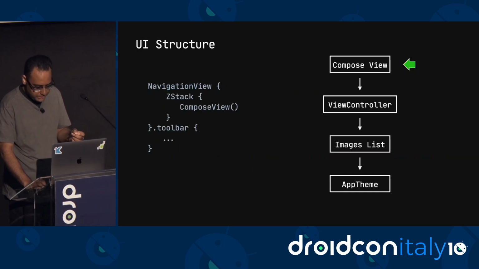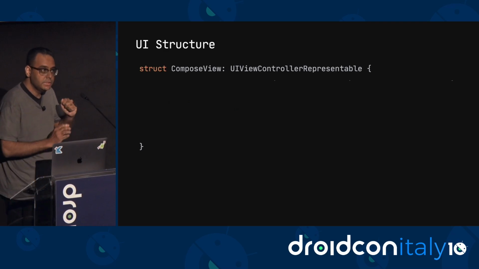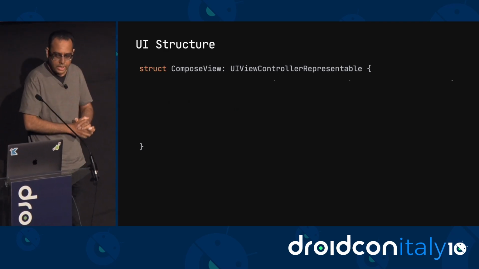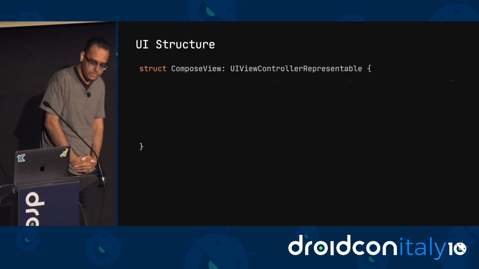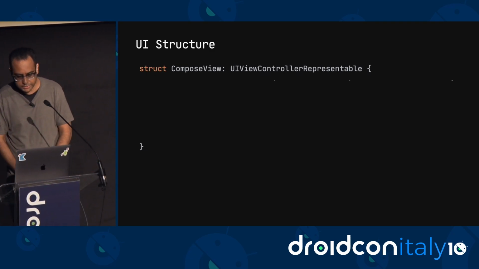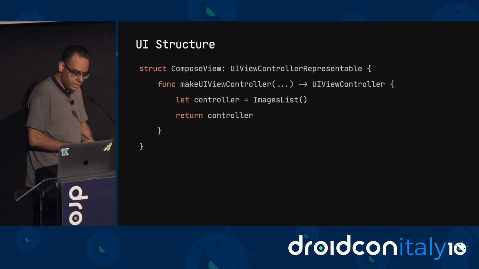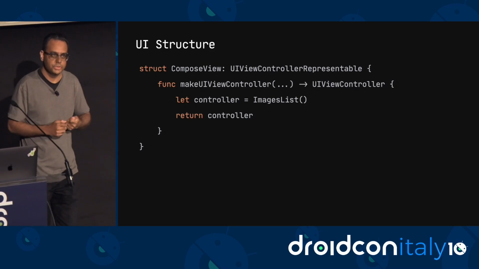Let's go deep down into Compose View and how that works. So this is SwiftUI code, and this inherits a protocol, UIViewControllerRepresentable. What a name, what a name. This thing here has a method in which we are going to call our images list method, and it's going to create a UI view controller.